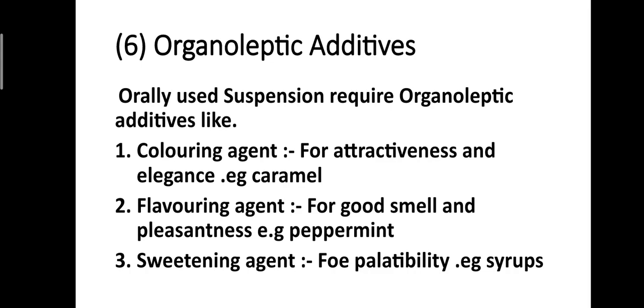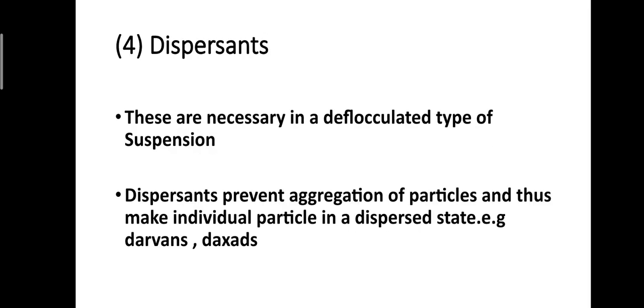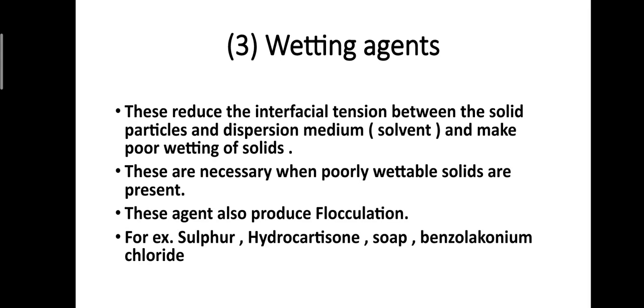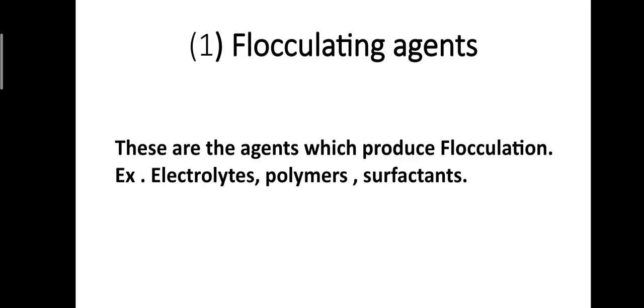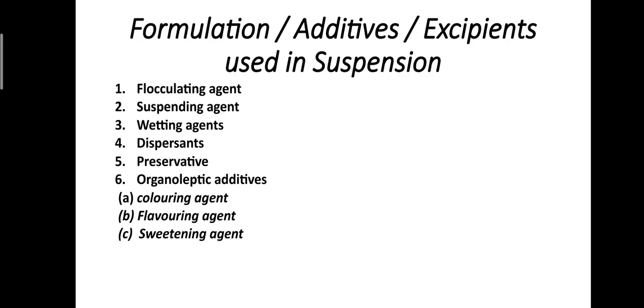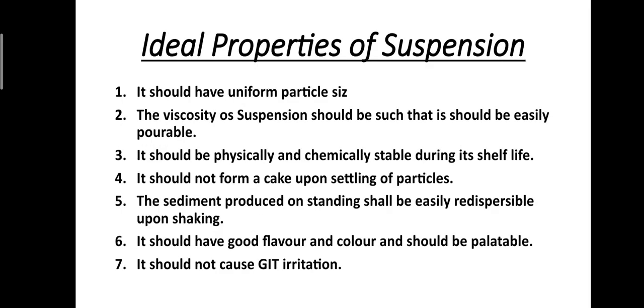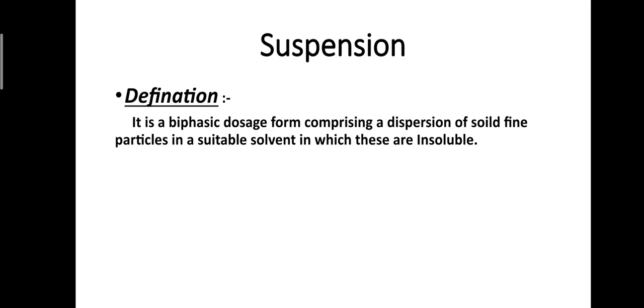Additives used in suspension: organoleptic additives are generally used in oral suspensions, preservatives for preventing microbial growth, dispersants generally used in deflocculated type, wetting agents, suspending agents, and flocculating agents. These are the formulating agents. Definition of suspension: it is a biphasic dosage form comprising a dispersion of solid fine particles in a suitable solvent in which these are insoluble.